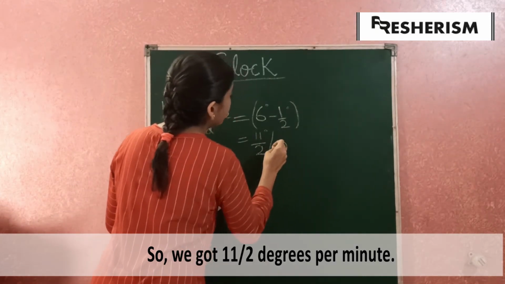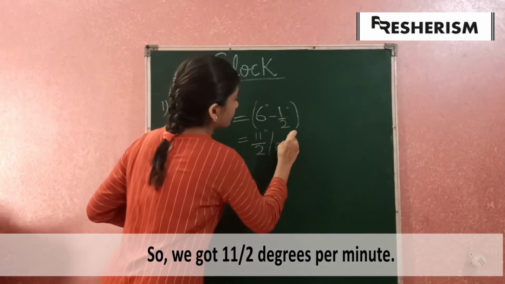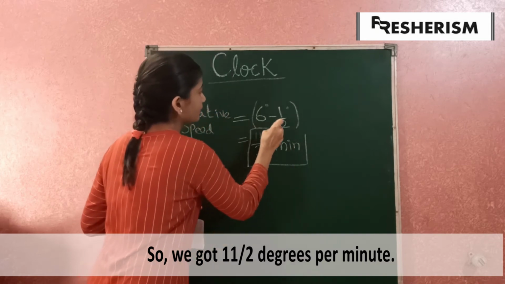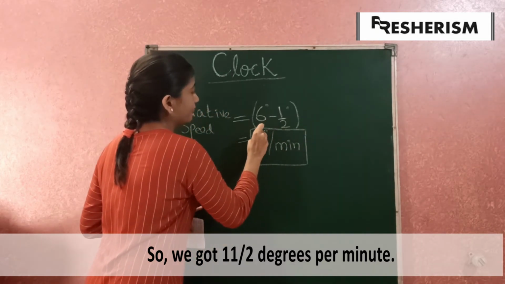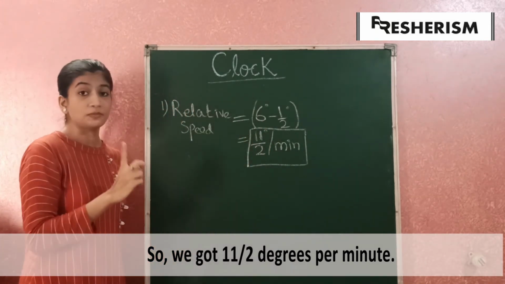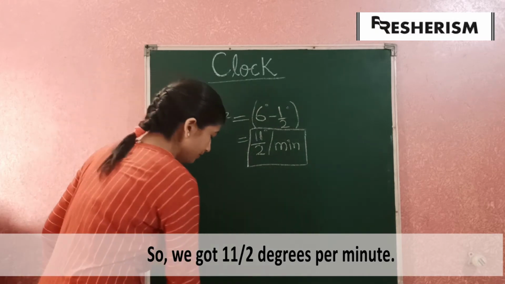We are finding the relative speed in minutes, this is important. 11 by 2 degrees per minute is the relative speed between the hour hand and the minute hand.